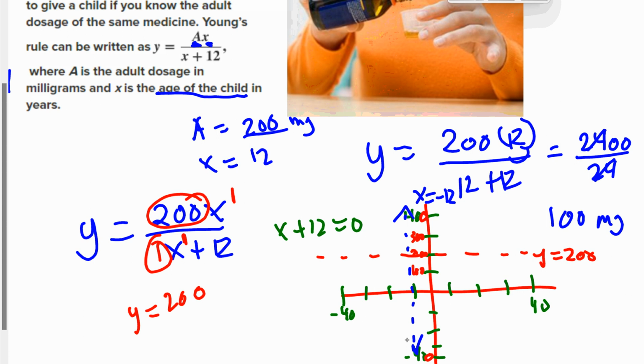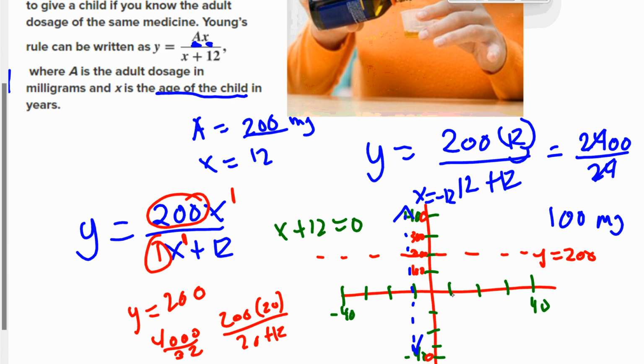Say we plug in 20: 200 times 20 over 20 plus 12, so we get 4,000 over 32. 4,000 divided by 32 is 125.